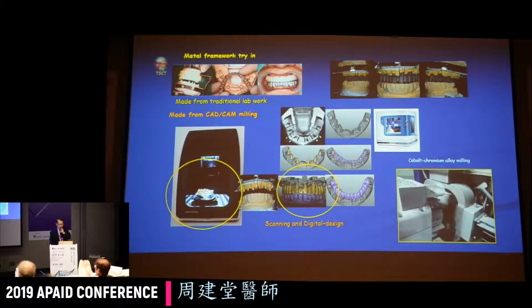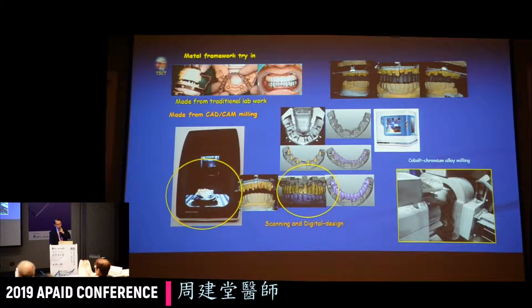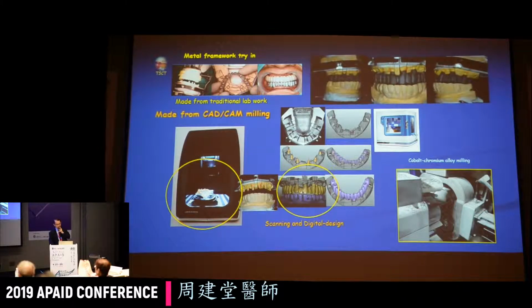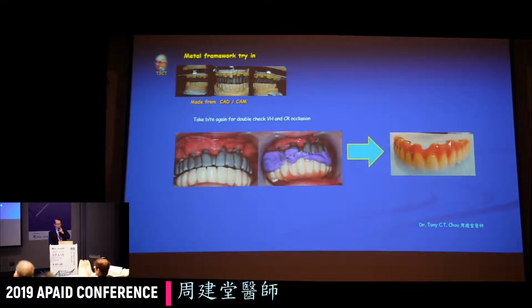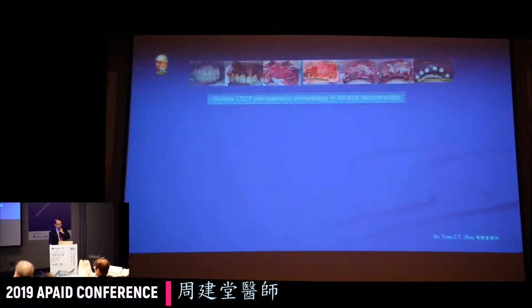You see, this is a CAD machine, and we get the final metal framework. Then we also double check the bite, and we finish the final processes.